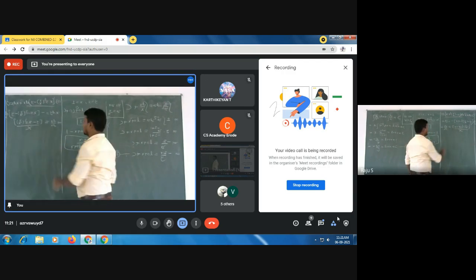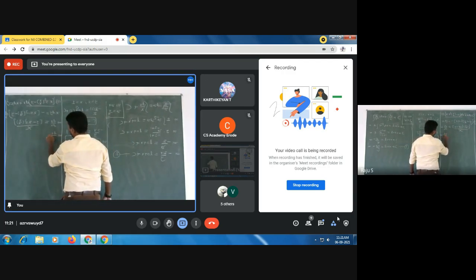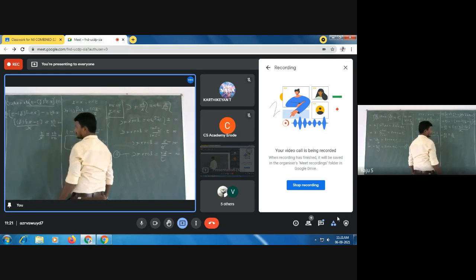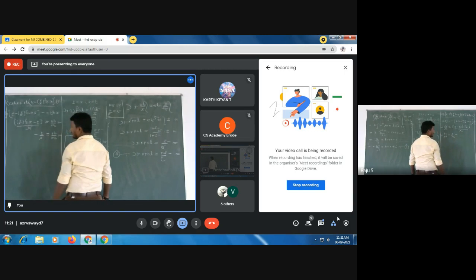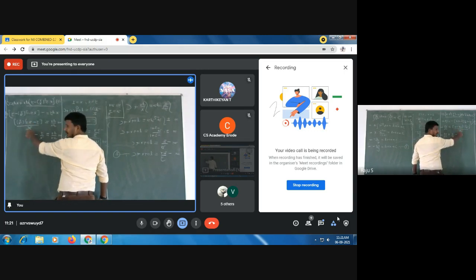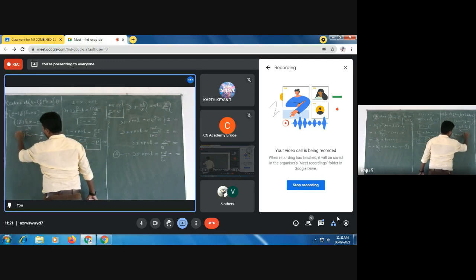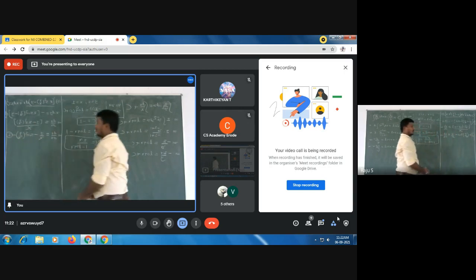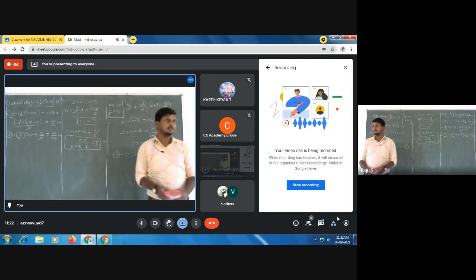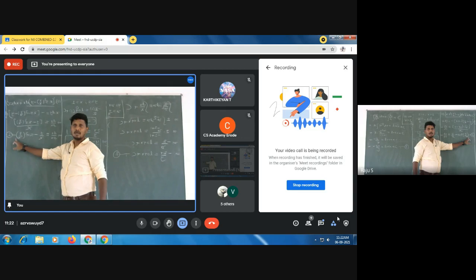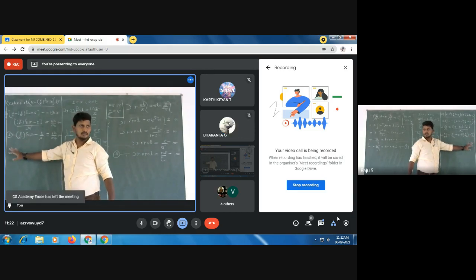Now dividing with x, dy by dx is equal to y by x minus x by x. Can I cancel x by x? Got it? This is the standard form. Here x by x gets cancelled, only sine square y by x. Up to here, clear?